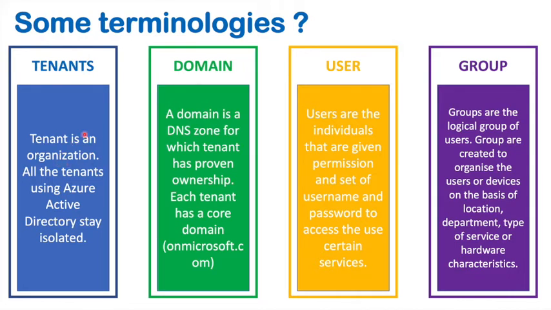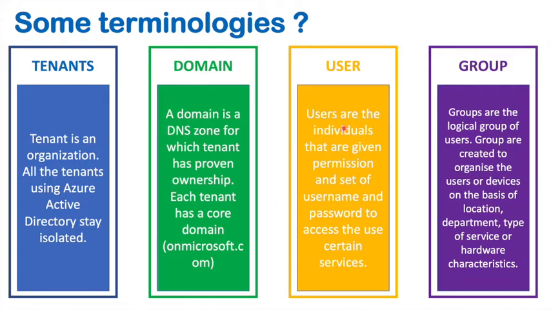So each organization will have one domain. So I can say each tenant has one domain, right? All the users and all the resources of that company are part of the tenant, right?